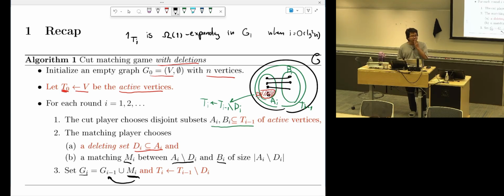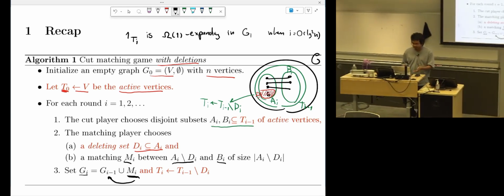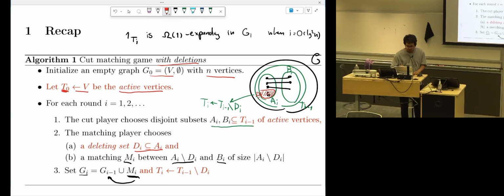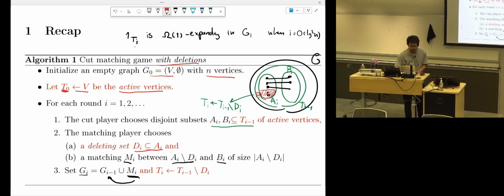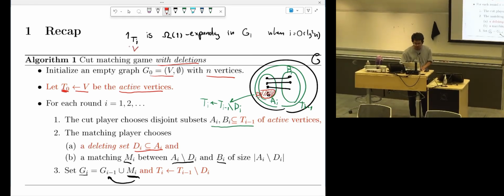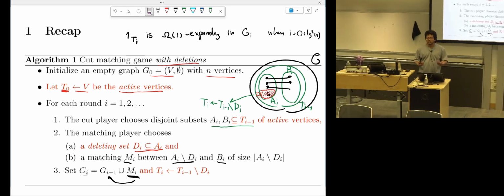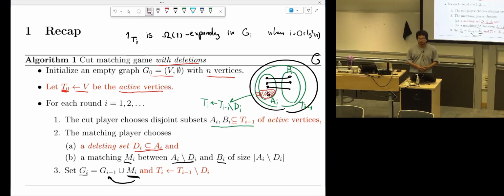That's what we showed. In the standard version, without deletion, TI is everything, so we get an indicator of the whole vertex set. But here you might delete something, and we just said that the part that is still active is going to be expanding at the end.